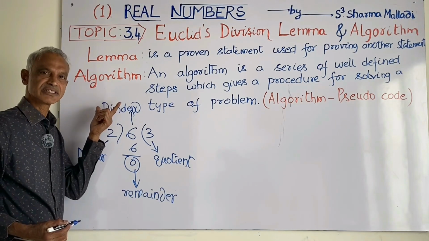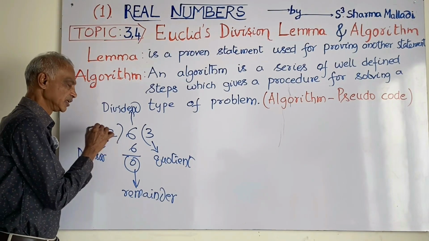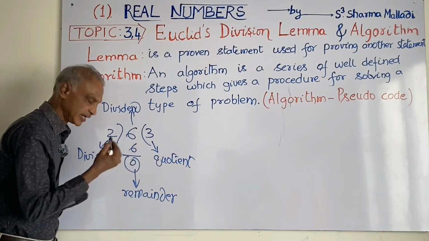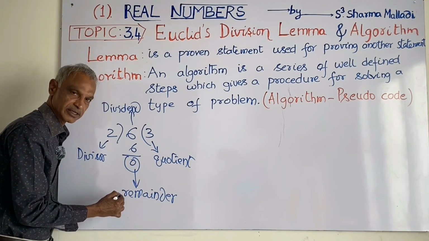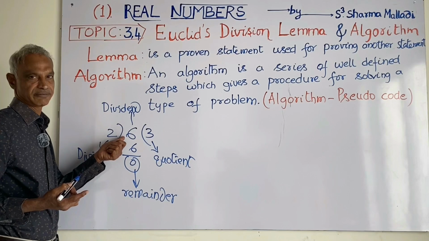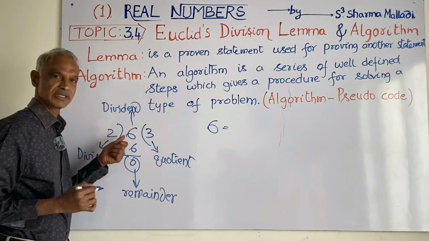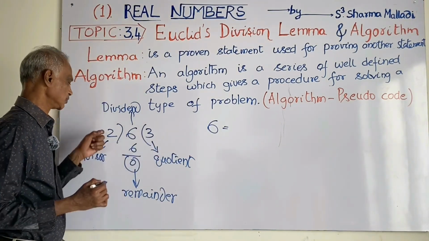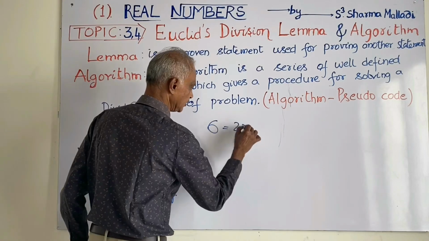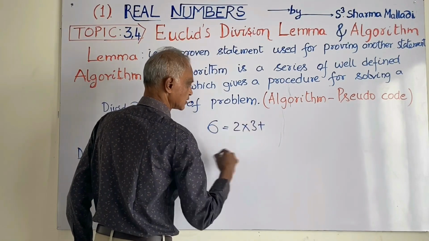How will you get 6? If you multiply the divisor with the quotient and add the remainder, you will get the dividend. So 6 is equal to divisor into quotient plus remainder.